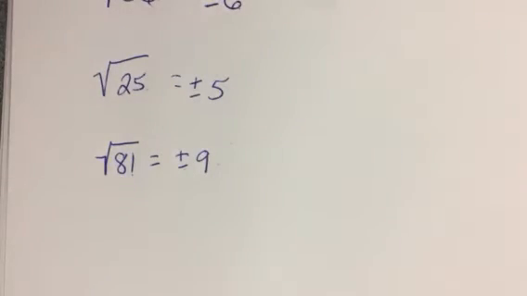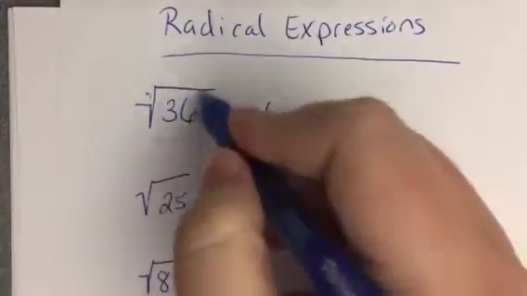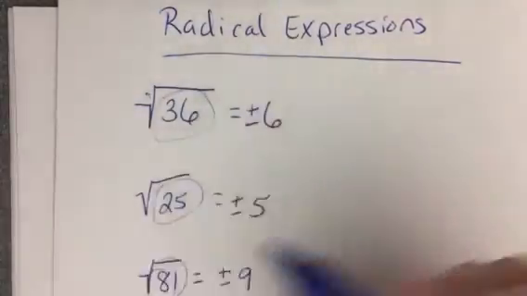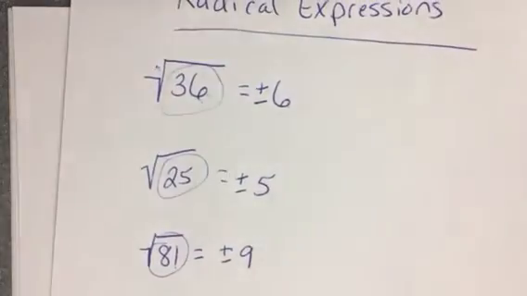Okay, so what happens when we have radical expressions that are not what we call perfect squares? Let me bring this back. These values right here, 36, 25, and 81, are what's known as perfect squares because they square root evenly. They're not going to give you a decimal number.